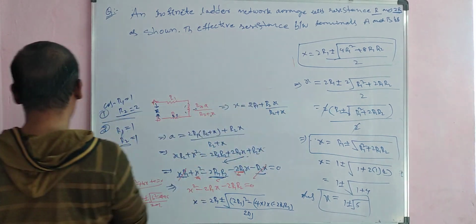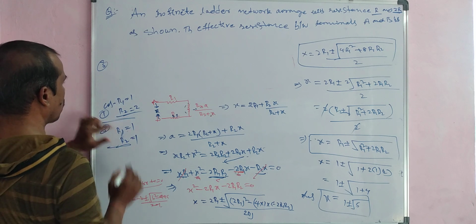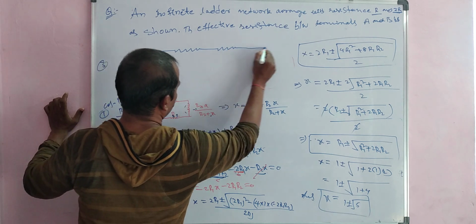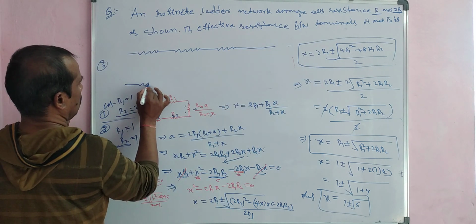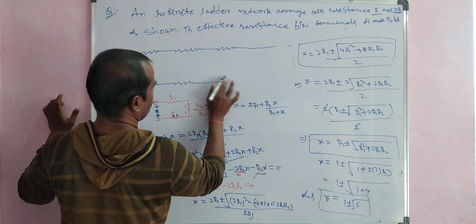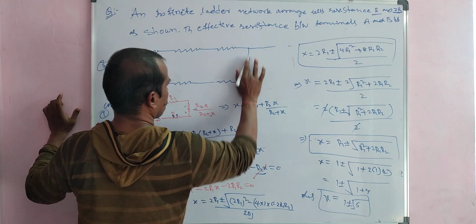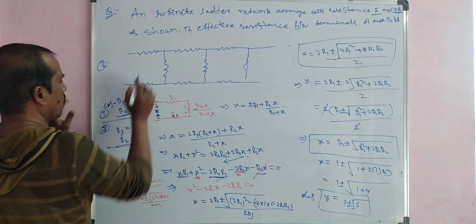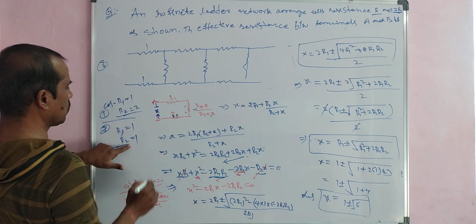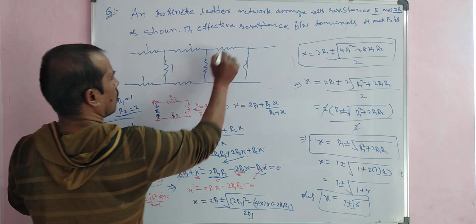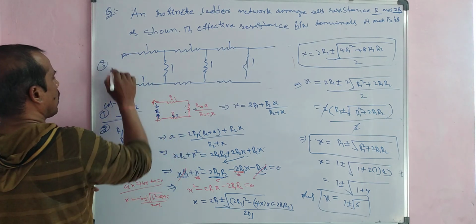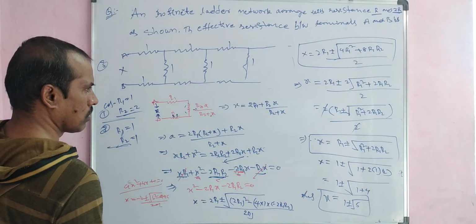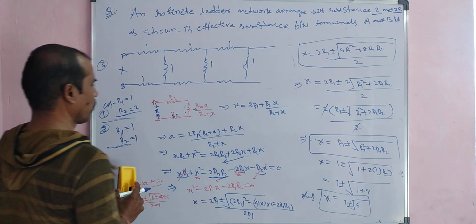This network goes up to infinity, with terminals A and B. The effective distance is X. Now substituting into the formula.